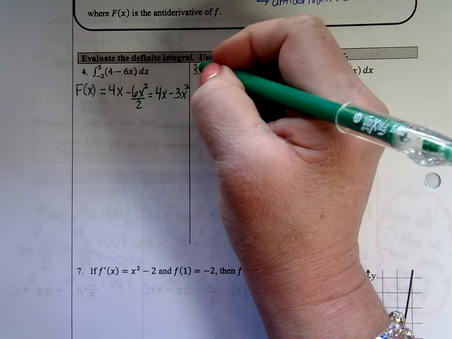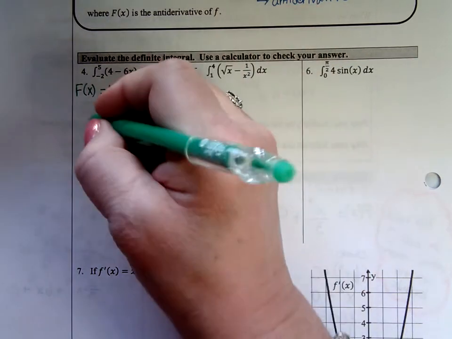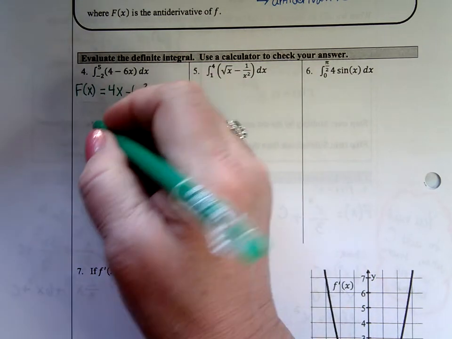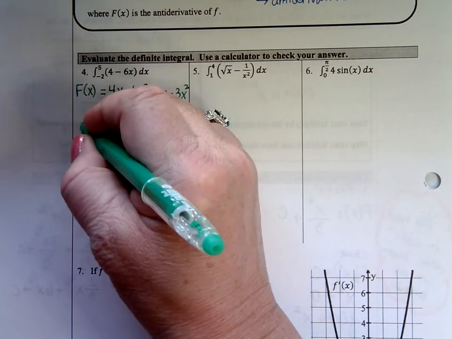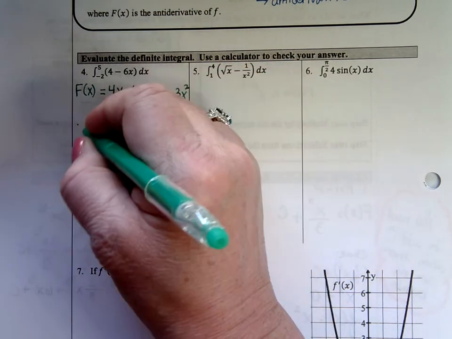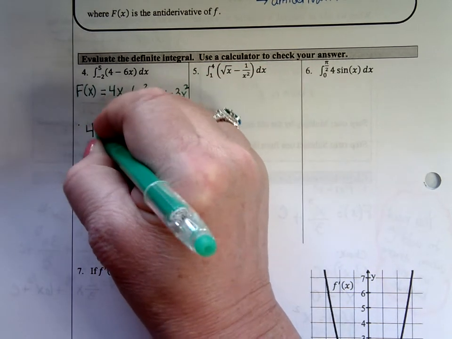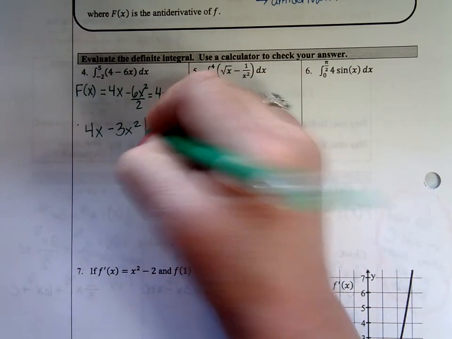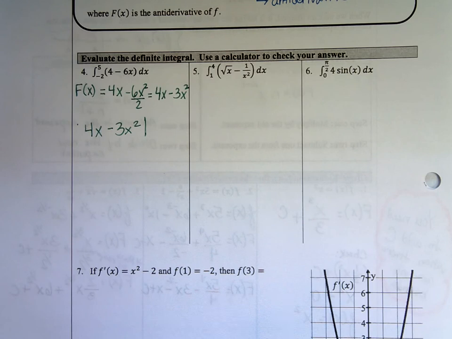And so as I look at this, now here's what I have to do next. There's a couple different notations that they use for this, but if I have my capital F of x, once I've found my antiderivative, I say 4x minus 3x squared. You might see it written this way with just one vertical line after it and your bounds below.